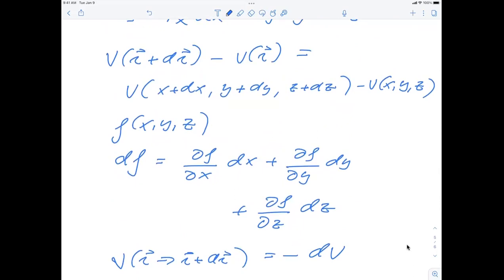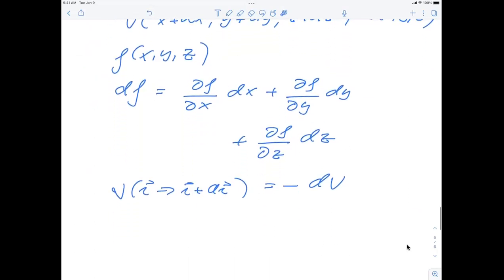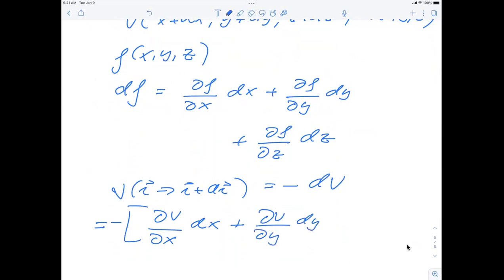So the quantity which I'm looking at, V of R going over to R plus dR, is actually given by this difference which you see here, and it's given by the minus of that difference. So this is again equal to minus, sorry, I'm going to put the minus outside here, and I have dV/dx times dx plus dV/dy multiplied with dy, plus dV/dz.